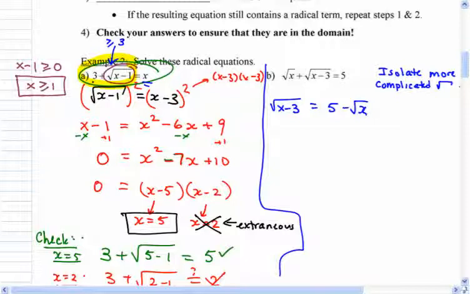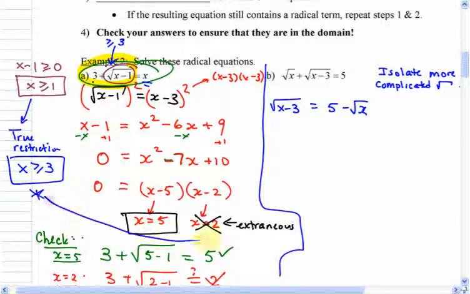But in this particular case, because the whole left side is equal to x, there's an additional restriction that the left side has to be bigger or equal to 3. And so your true restriction for this one is x is greater or equal to 3.